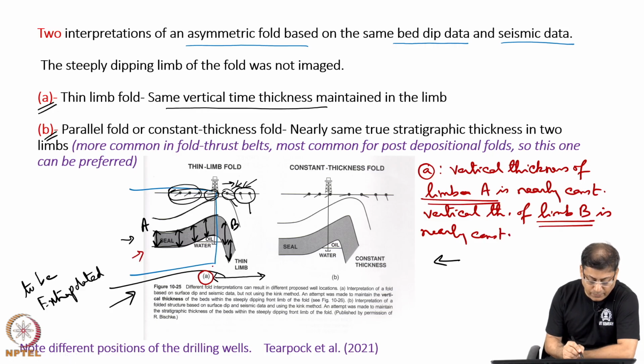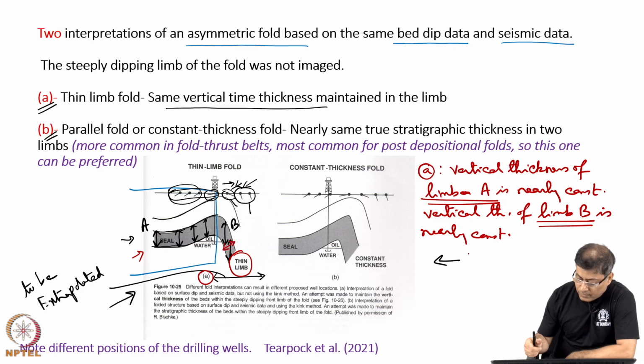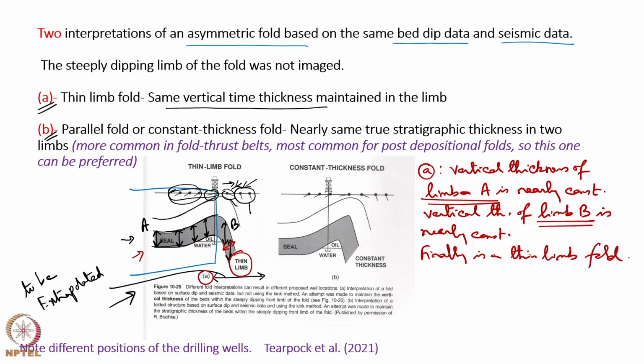So, this can be one philosophy of extrapolation, and what we get finally is a thin limb fold. This limb, the orthogonal thickness is thinner than that limb. So, what we get finally is a thin limb fold. What does that mean?